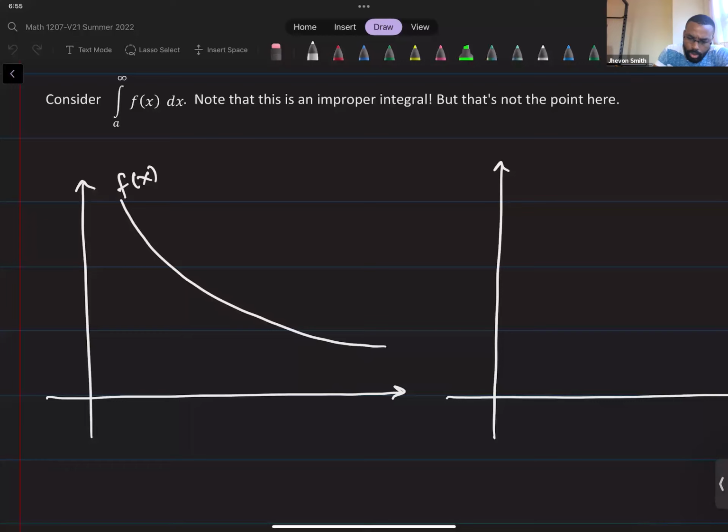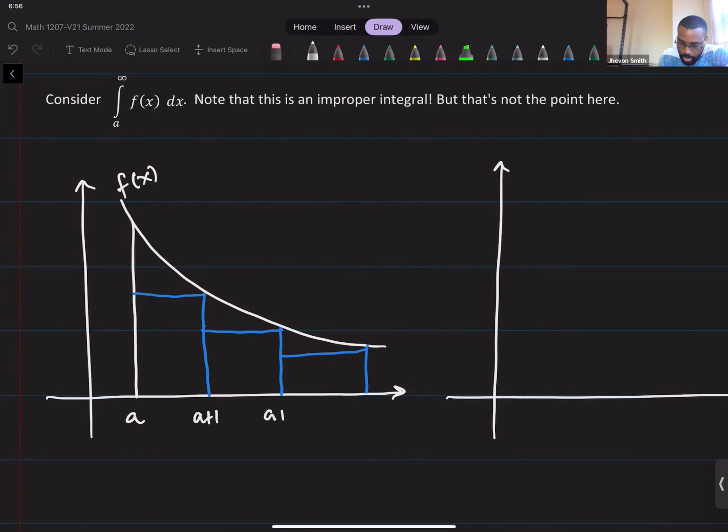Okay. So we're going to do it in such a way that the area under this rectangle is equivalent to the value of the a_n. So we do a rectangle whose area is the magnitude of a_1. So think of a as being here. This is a plus 1. So let's say you have another rectangle here. And we're deliberately doing the rectangles underneath because it's decreasing. We can actually do this. This is a plus 2, a plus 3, etc. Right?